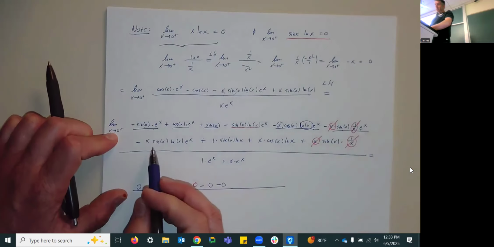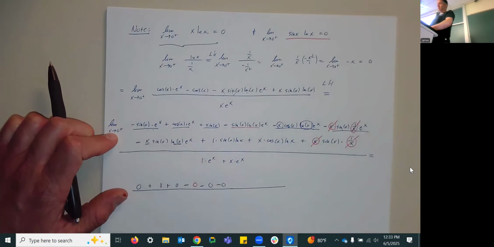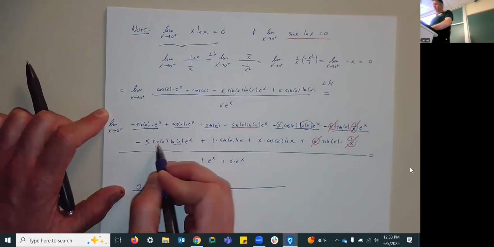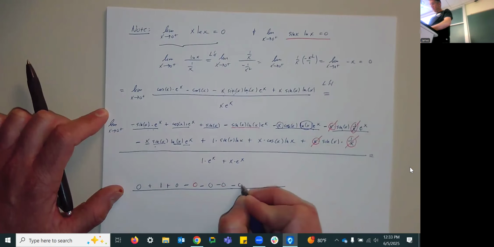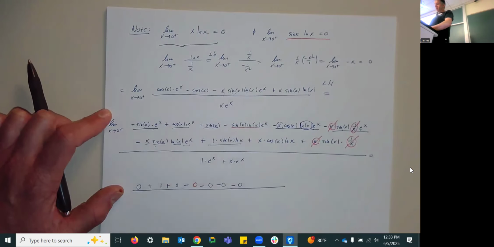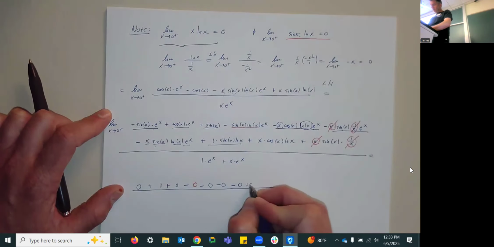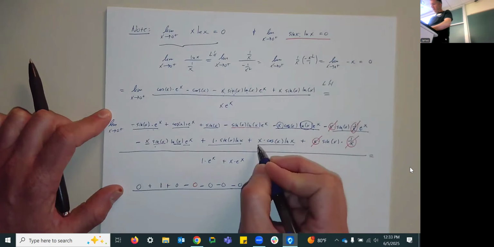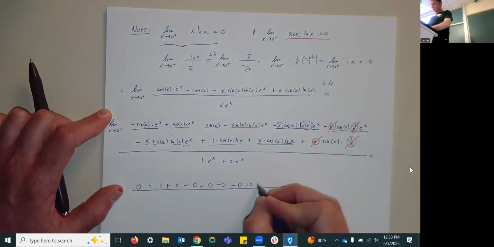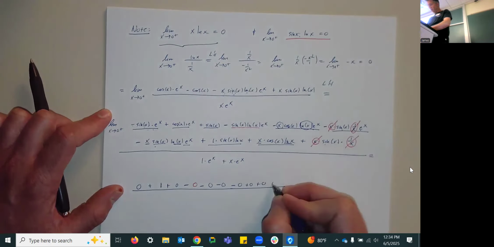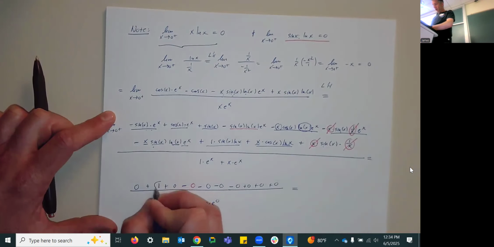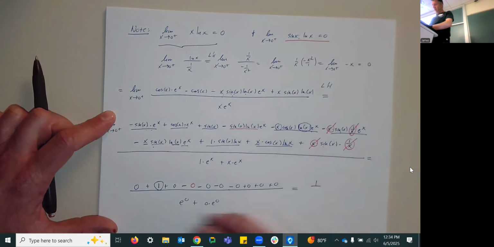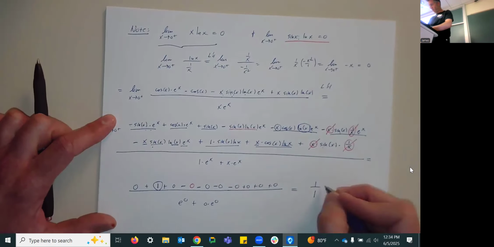This is x times natural log of x, which goes to 0, times sine of 0, which goes to 0, times e to the 0, which goes to 1, and 0 times 1 is 0. This limit is also 0 because we said it right there. This is also 0 because you have an x times natural log of x, which goes to 0. And this is sine of 0, which is 0. All divided by e to the 0 plus 0 times e to the 0, which ends up being 1 plus a lot of zeros over 1, which is 1.